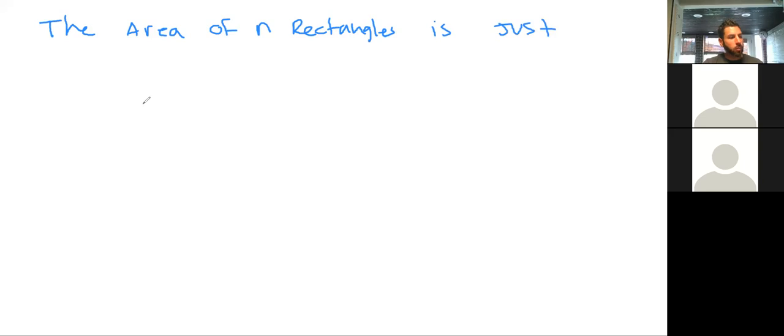What is it? It's the width times the height. So you have delta x times the height of the first one, which is f of x sub 1 star, plus delta x times the height of the second one. And you do this all the way out to the nth one.